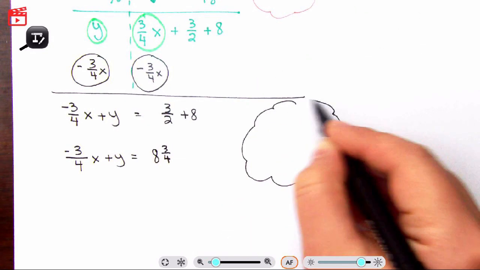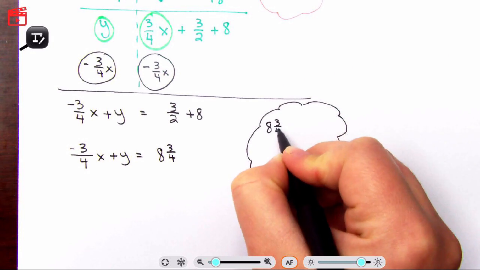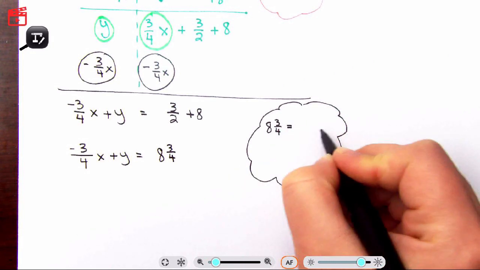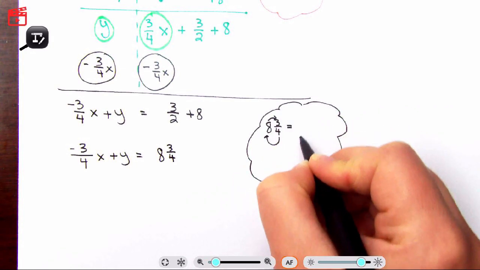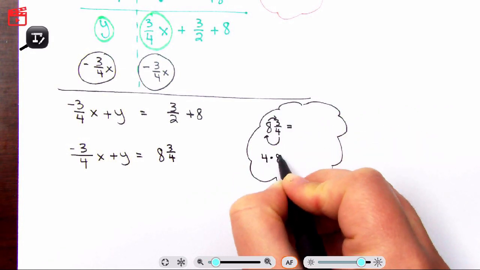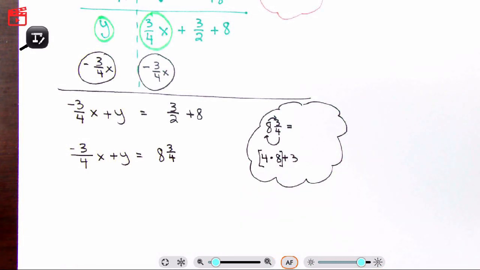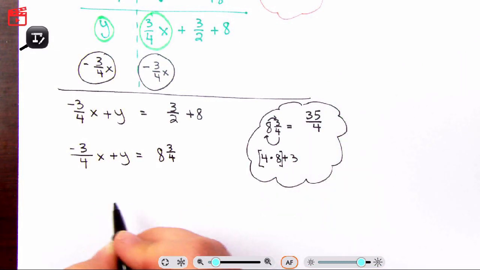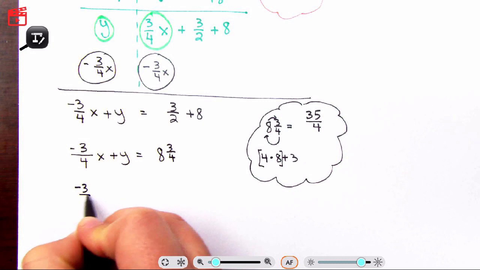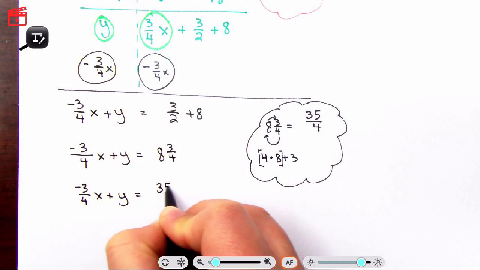I know that I'm going to be getting rid of fractions, so I'm going to change that to an improper fraction. It's going to make our lives easier. For an improper fraction, we go 4 times 8 plus 3. 4 times 8 is 32. 32 plus 3, that means I have 35/4 here. So I have negative 3/4 x plus y is equal to 35/4.